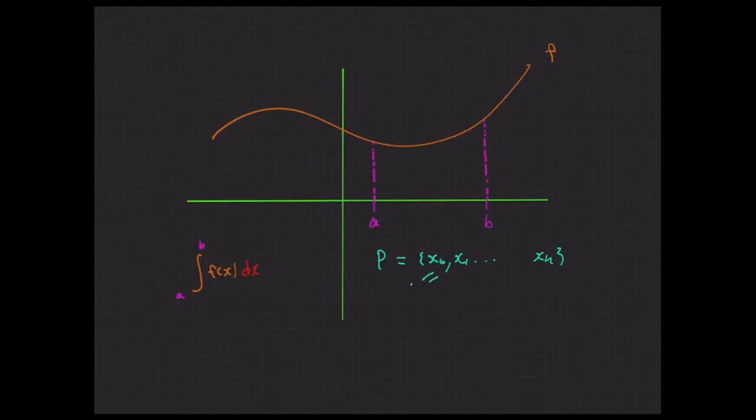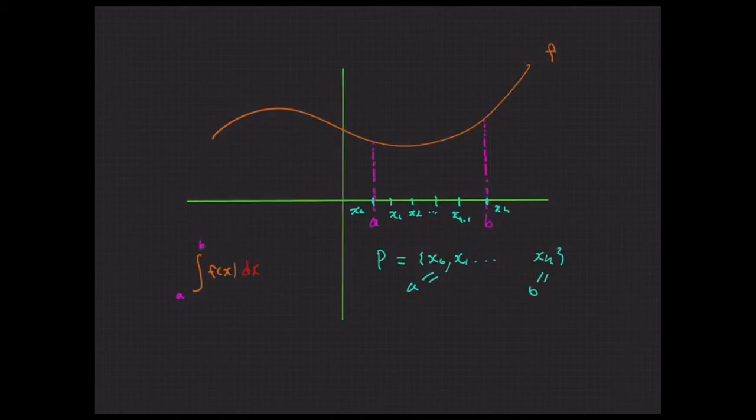The x0 is always equal to a, and the xn is always equal to b, and then I put in x1, x2, all the way through x(n-1). This chops up our interval, and that's the first thing we do.